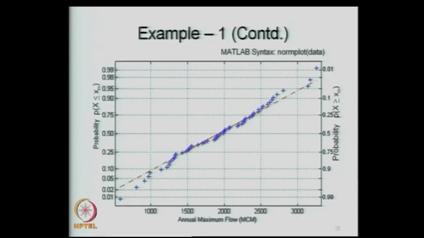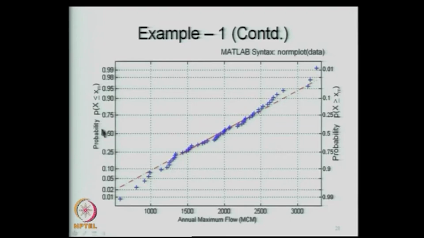Many commercially available probability papers use the x axis for the probabilities, but in this particular case I am using the MATLAB program. The MATLAB syntax is simply normplot of the given data. So, data is a vector, you simply give normplot and it uses Hazen's formula for plotting position and then generates this probability paper plot.